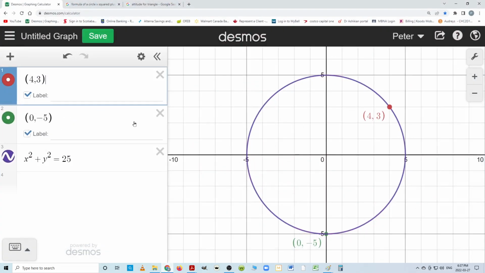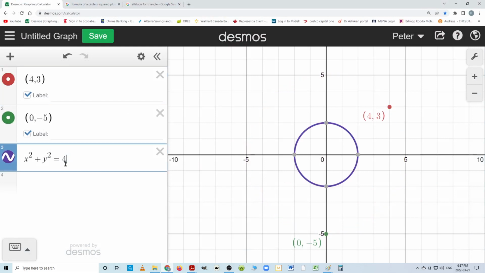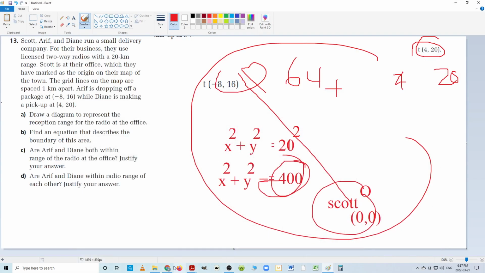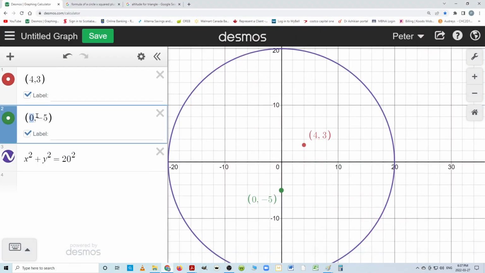To give you a better idea of that, so for 20 squared, there's the circle. Now I'm going to put her at her spot, which was -8, 16. So yes, she's within the circle.